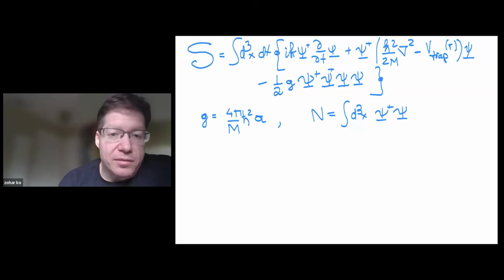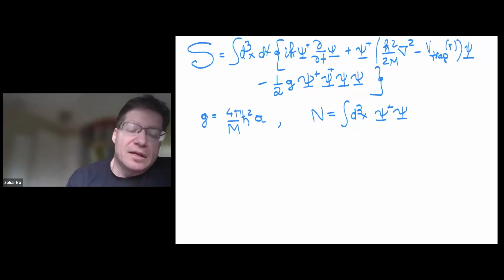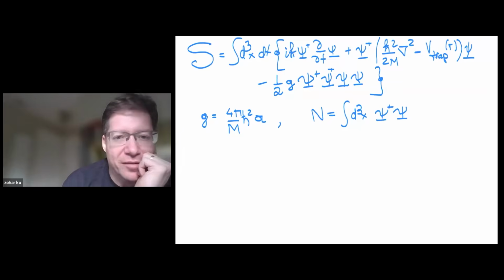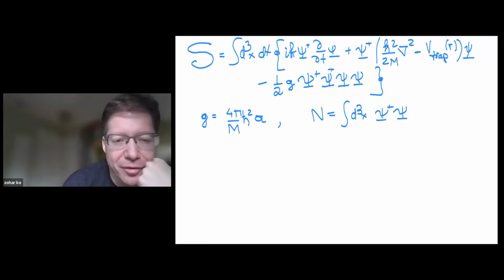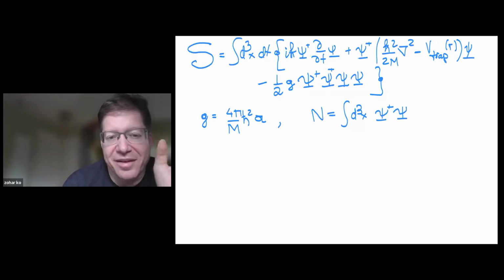It's in 3 plus 1. It's very important that it's in 3 plus 1. In 2 plus 1, G has some logarithmic renormalization, like there is some one-loop beta function, and the situation is a little bit more interesting. 3 plus 1 is the case where most of the experiments are, and it's a little bit more conceptually easy. There are no logarithms, and G is just a scale with the units of distance. Okay?